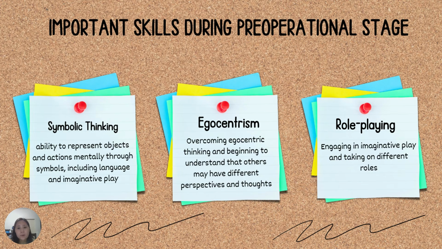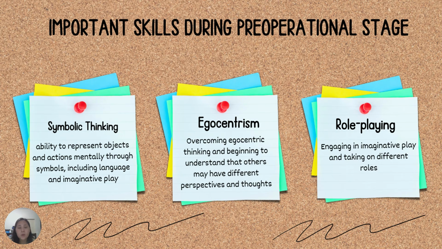When we say symbolic thinking, take note, it is 2 to 7 years old, the pre-operational stage. Symbolic thinking is using symbols like words or drawings to represent real things.